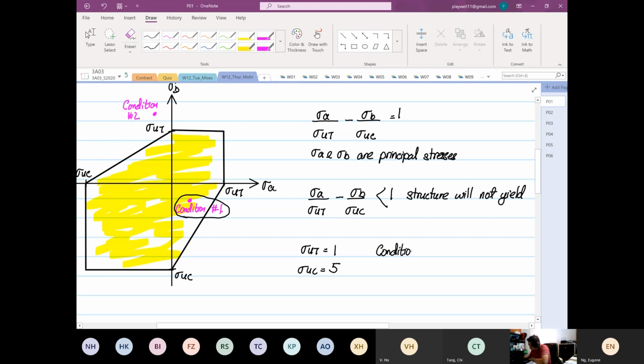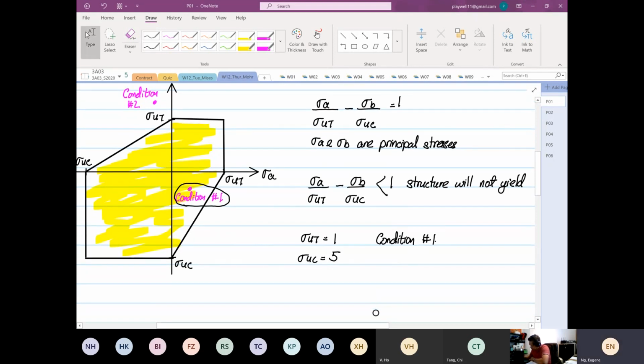Stress A is positive, so stress A is equal to 0.2. And stress B, we put a value of 1.5, for example. So that is condition number 1.